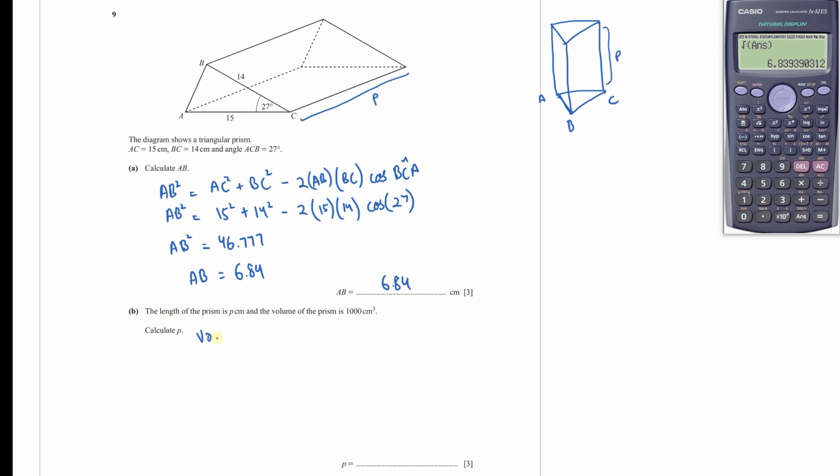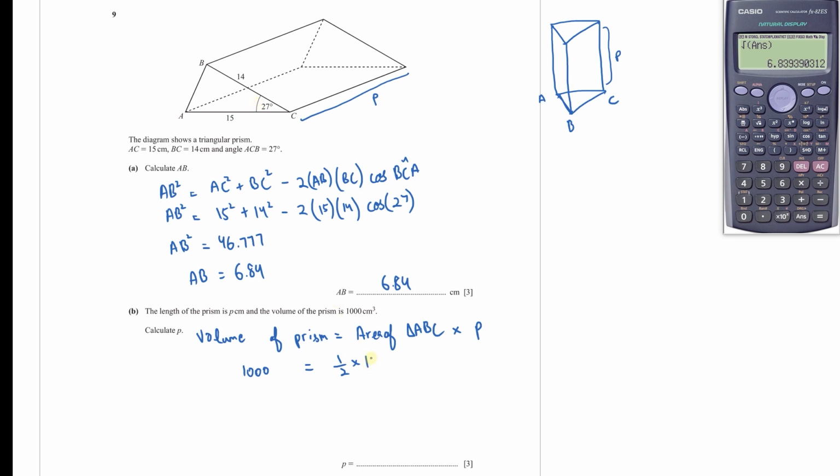So volume of prism is basically area of triangle ABC multiplied by the height, which is P. So volume is given as 1000. I can find the area of this triangle, which will be 1 by 2 into these two sides multiplied by the sine of angle between them.